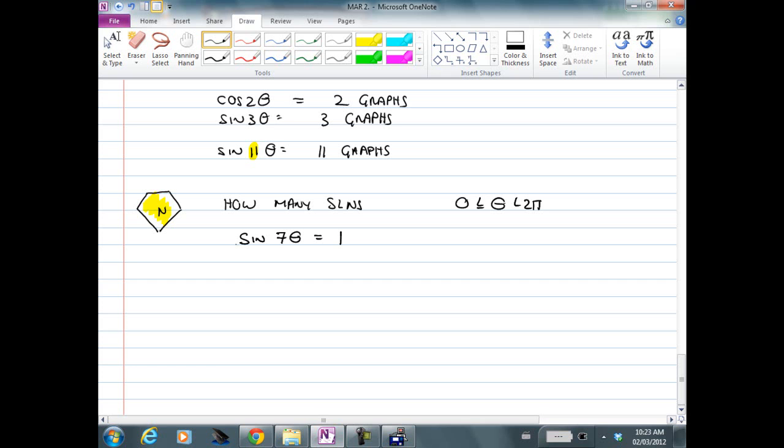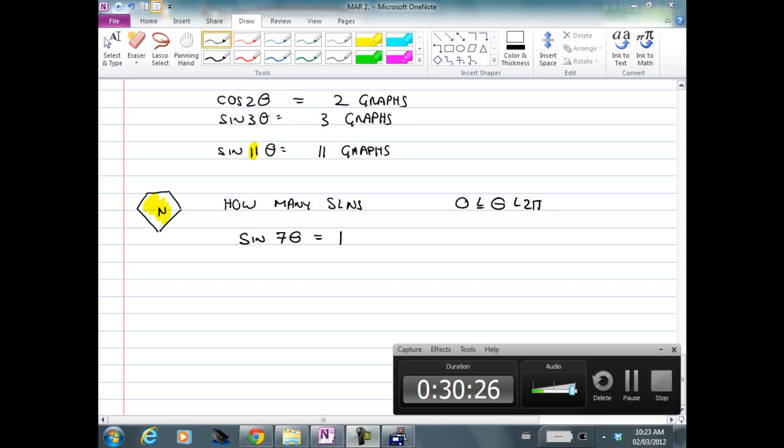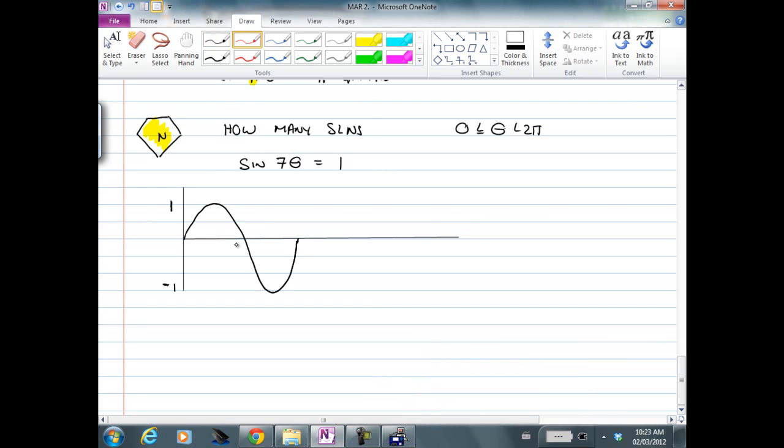So how does it work? The key to doing this is if you have a sine graph and I draw a line at 1, I want to see where it hits 1. It hits 1 at exactly one point, which is pi by 2. So each graph has one solution.